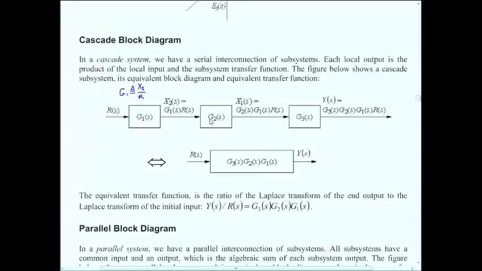Now if that is your new input to this block and you do it again for this block, go through the mathematics and you'll find that its output is G2 times x2, which is equal to G2 times G1 times R. And you go again and you find that all it's doing is multiplying the transfer functions together.